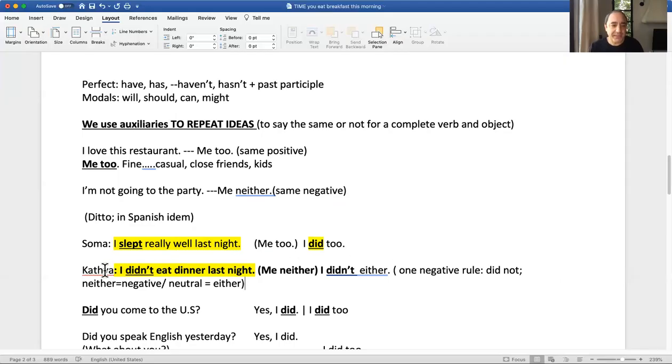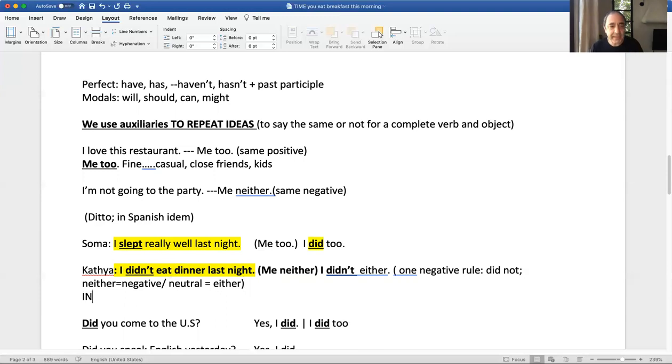Now, look at Katya's sentence again. I didn't eat dinner last night. Now, the great thing is that in the negatives in English, you will always see an auxiliary. You will always see one. Let's just quickly go.